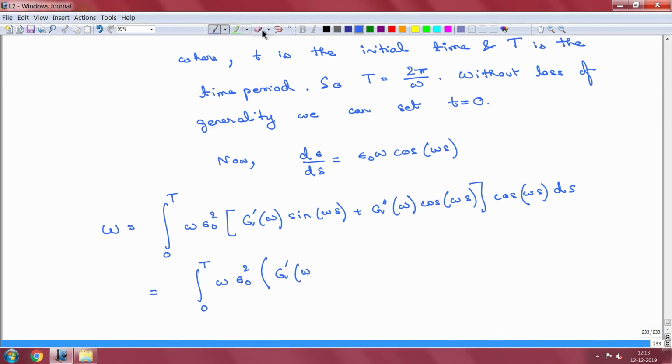So, let us be consistent. sine omega s into cosine of omega s plus g double dash cosine square omega s ds.